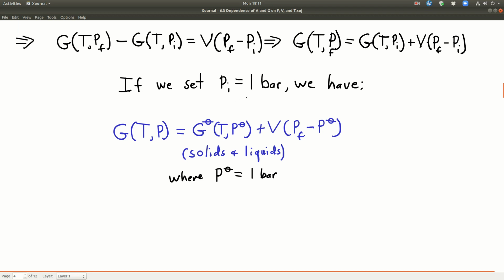So if we set the initial pressure equal to 1 bar, then we have standard states, and so we can say G at whatever temperature, 298.15 actually, and the new pressure is equal to the standard Gibbs energy, 298.15 Kelvin, 1 bar, plus V times the final pressure minus 1 bar. That's for solids and liquids, remember? So this is a useful equation in blue or purple or whatever color that is right there.